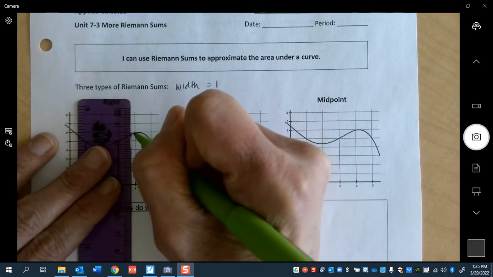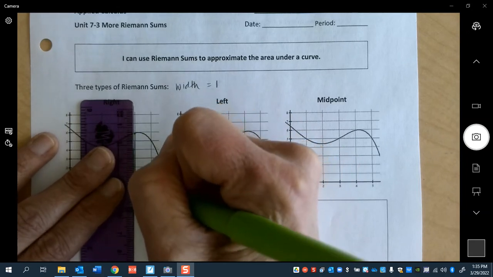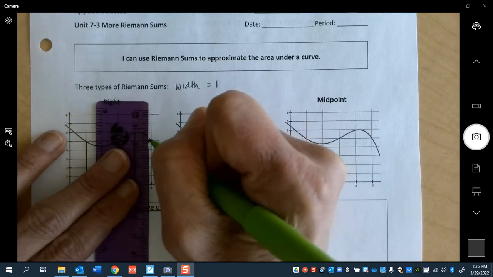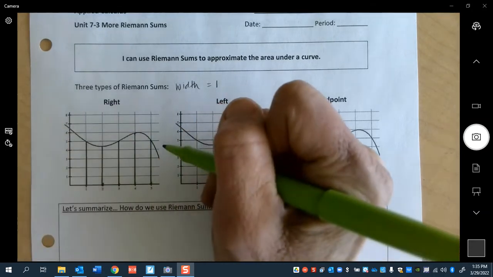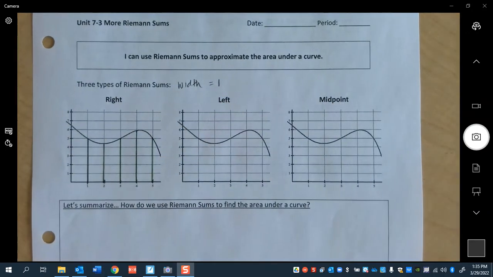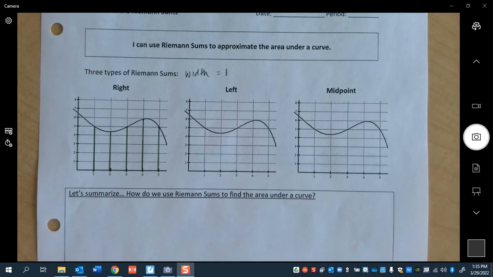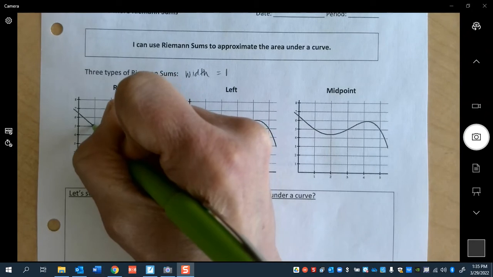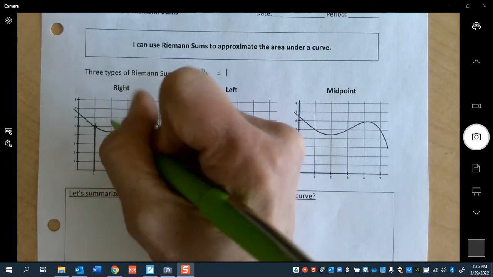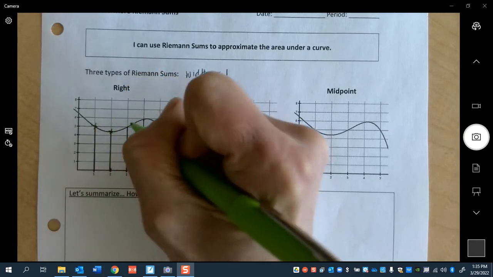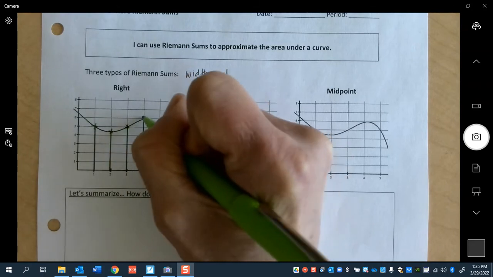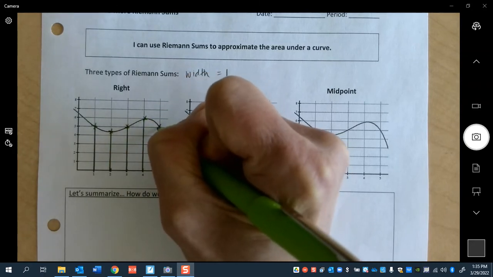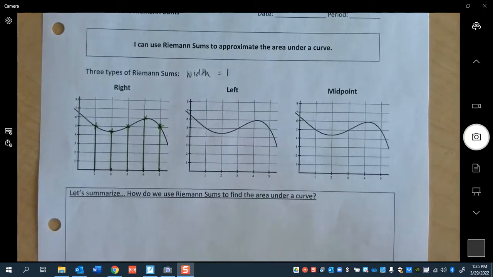Now this is just a part of your box, but for the people who are having a hard time with the left, right, and center Riemann sums, what we want to do is see where this rectangle intersects the graph. These little asterisks show where it intersects the graph.